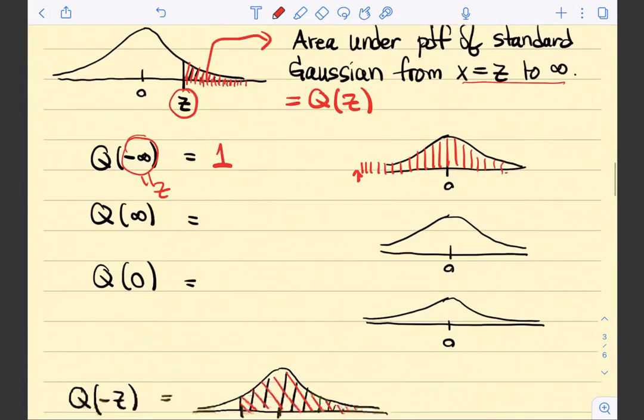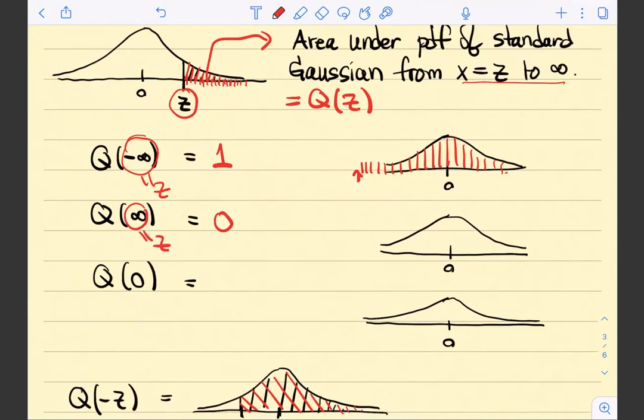Second one, what is Q of infinity? It's equal to 0. Again, why is it 0? Remember, this is z, where z is equal to infinity.